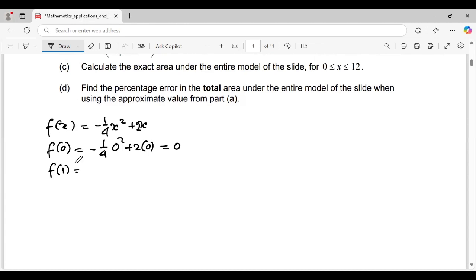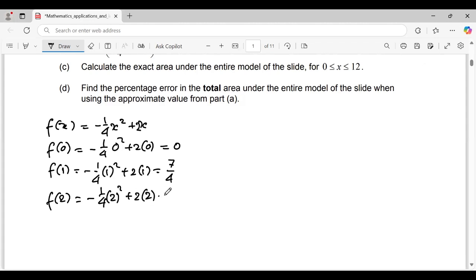And next, if x equals 1, -1/4 times 1 squared plus 2 multiplied by 1, it equals 7/4 because it is -1/4 plus 2. And if x equals 2, -1/4 times 2 squared plus 2 multiplied by 2, so it is -1 plus 4, 3.